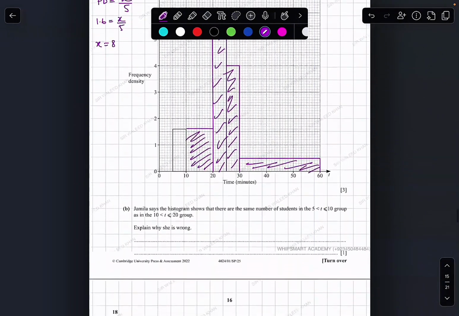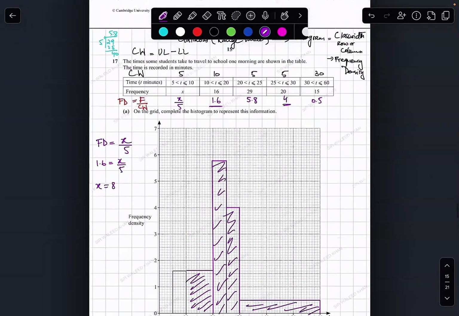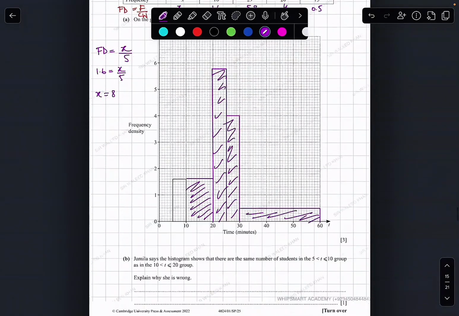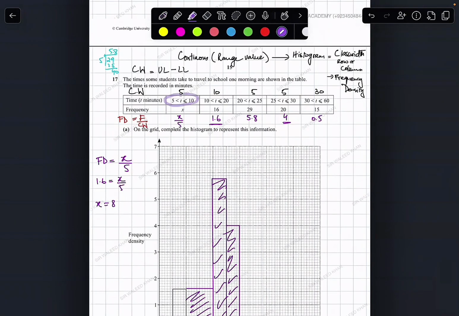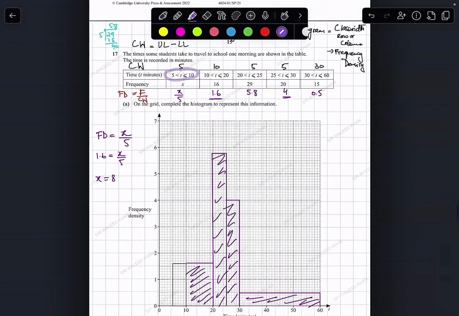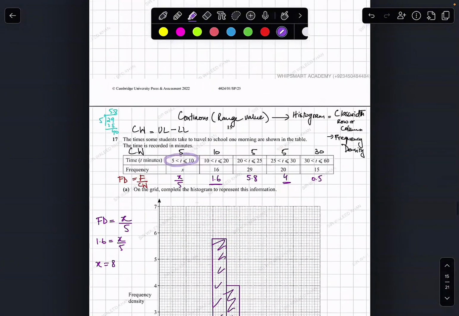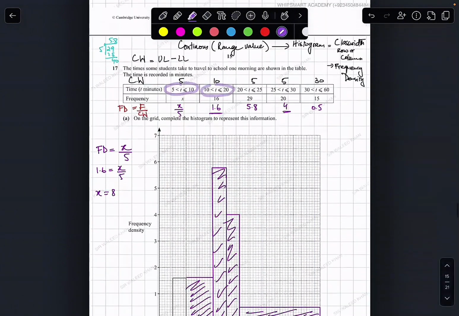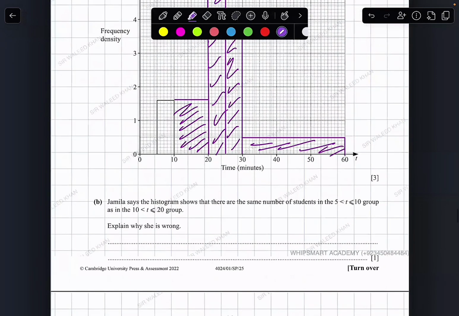Next, Jamila says the histogram shows that there are the same number of students in the 5 to 10 group and in the 10 to 20 group. So she is referring to this group and this group.